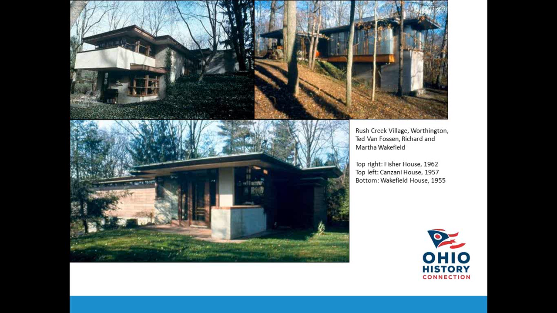They knew of Wright's writings. They knew of Wright's work, and were very much taken into that larger concept and that definition of Usonian architecture and creating this organic neighborhood, which developed between 1954 and 1976 in its initial building out.